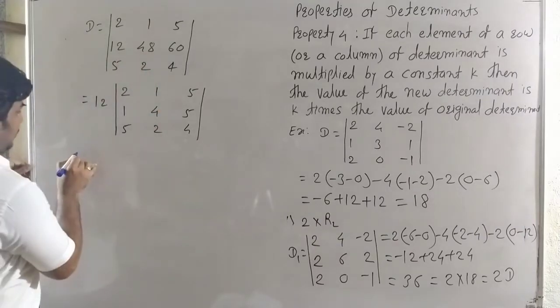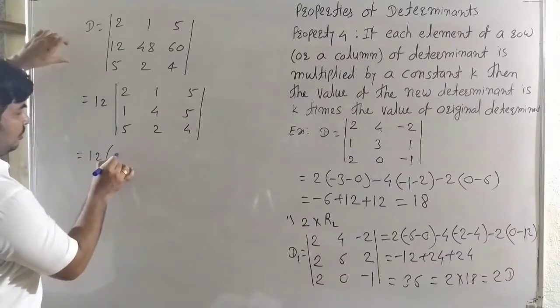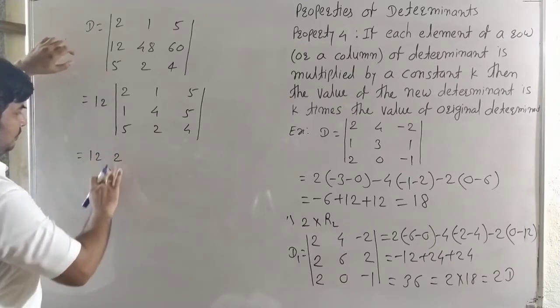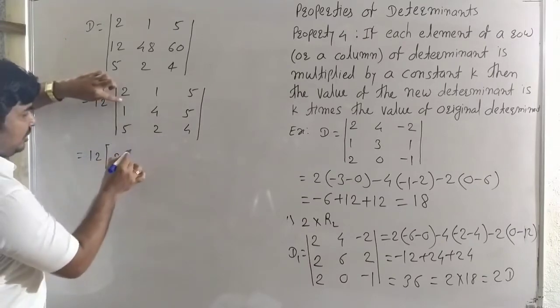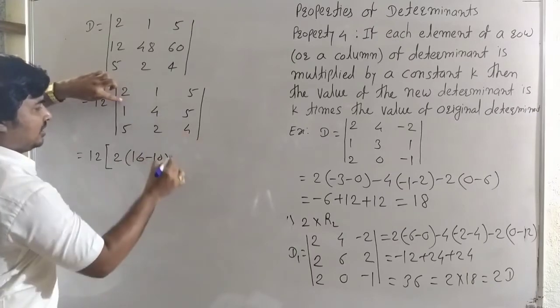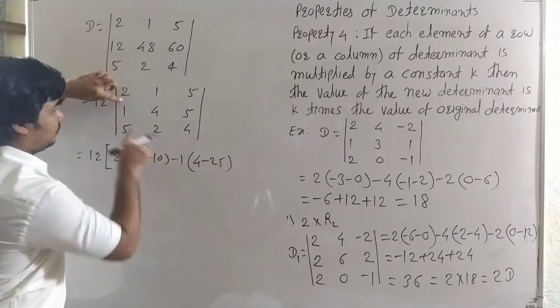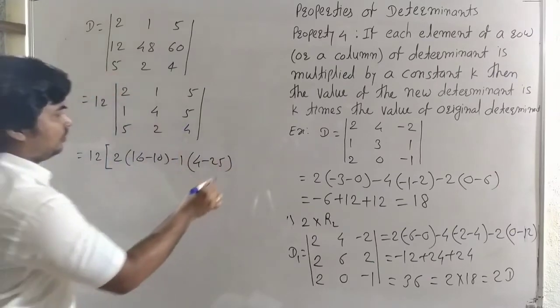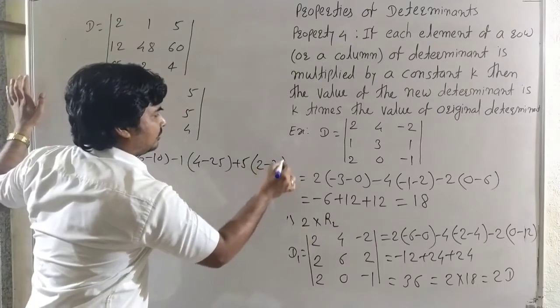Now we can solve. See carefully, 12 into 2 into 16 minus 10, minus 1 into 4 minus 25, and plus 5 into 2 minus 20.